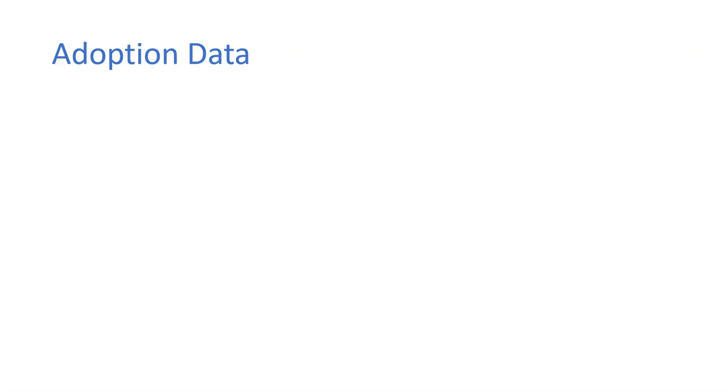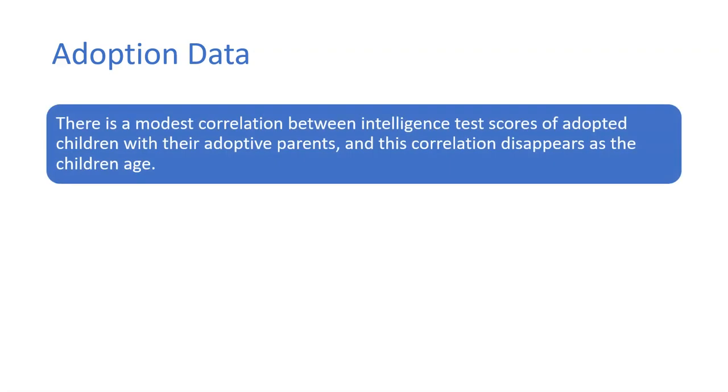We can also look at adoption data as a source of information. When researchers say there's a modest correlation, they mean it's a medium correlation, like 0.2. A modest correlation between IQ or intelligence test scores between adopted children and their adoptive parents as the children age, because that would suggest nurture as the argument.